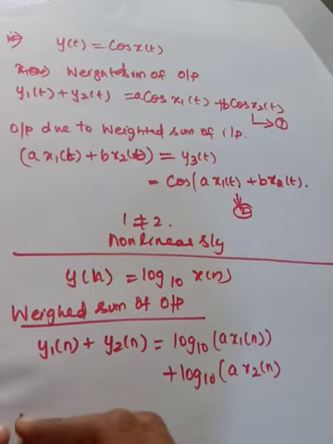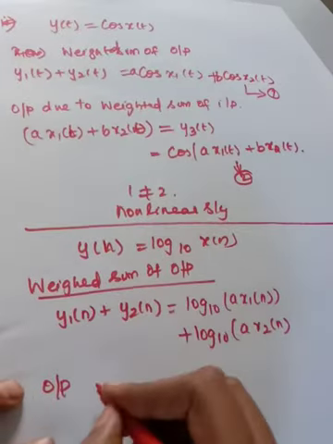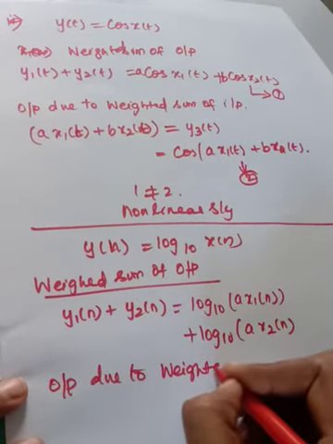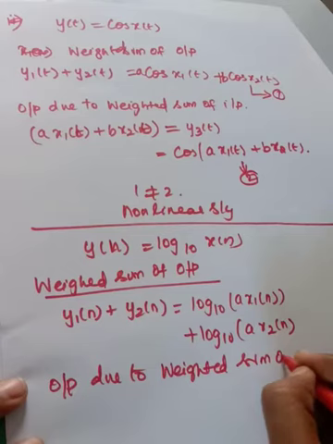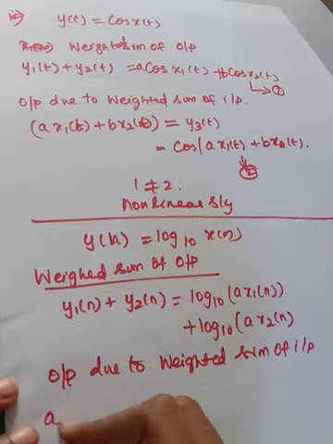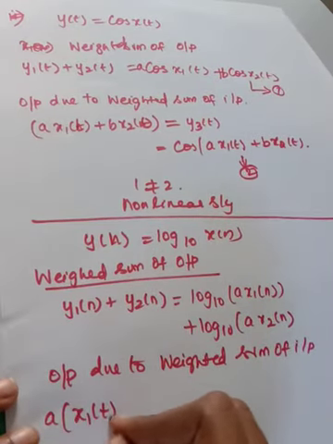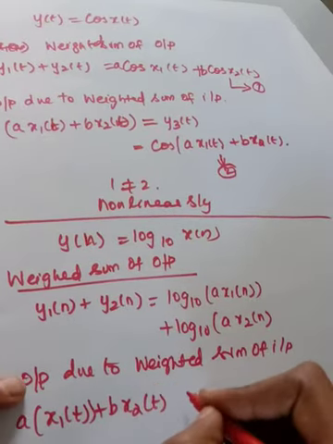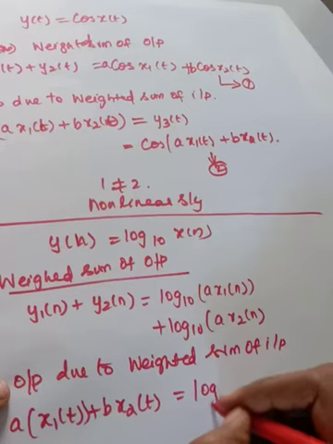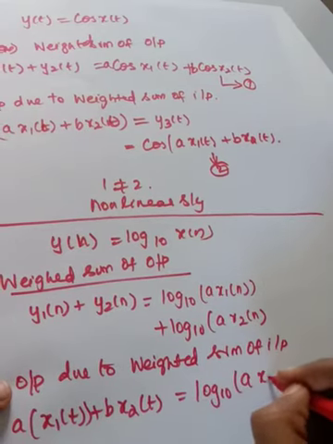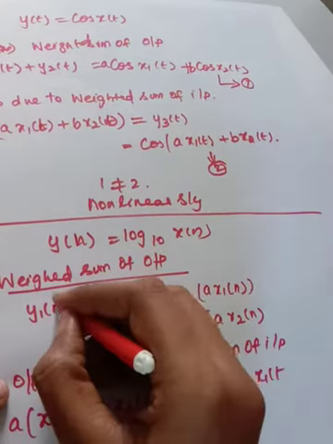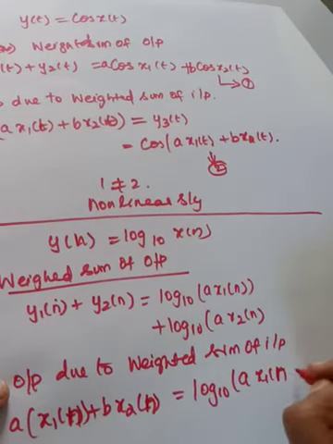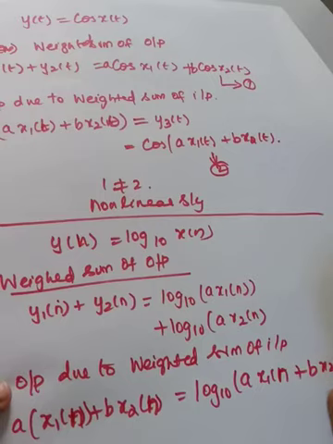Next I need to find the output due to the weighted sum of input. So here a x1 plus b x2 I need to give, and I will get log 10 of a x1 of n plus b x2 of n, in discrete time.